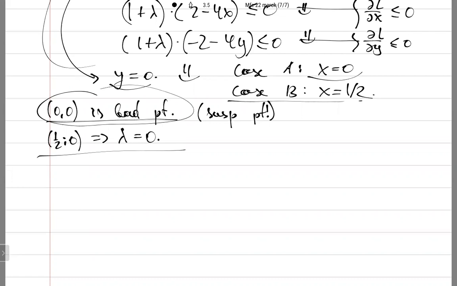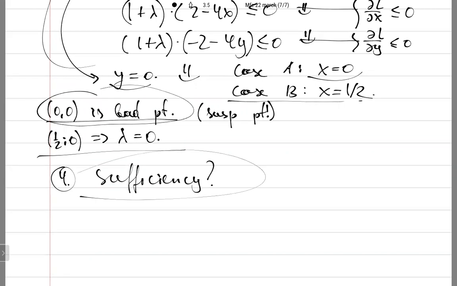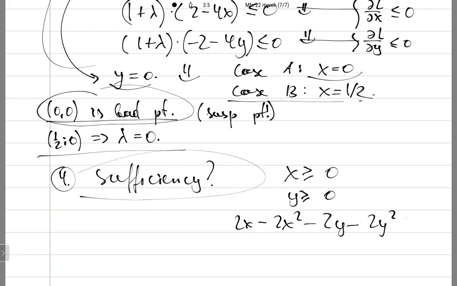Okay, let's check sufficiency conditions. Our constraint is 2x minus 2x squared minus 2y minus 2y squared is non-negative.